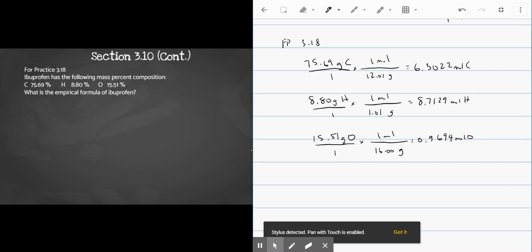So I did percent to grams, grams to moles, divide by small, that's this one. Divide them all by the smallest.